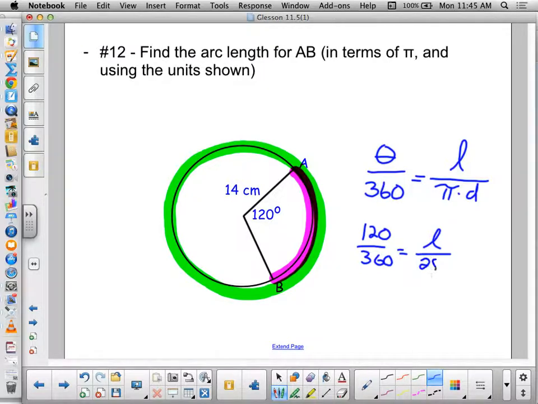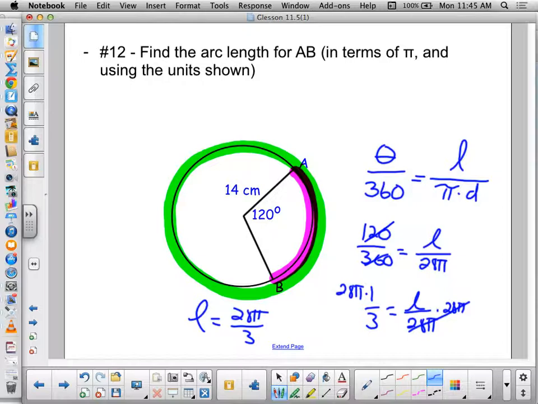So 28 pi. Reduce this fraction, which is 1/3, equals arc length over 28 pi. I could cross multiply, or I could just multiply in this case by 28 pi. Cancels, and I get the arc length was 28 pi over 3, and it was centimeters.